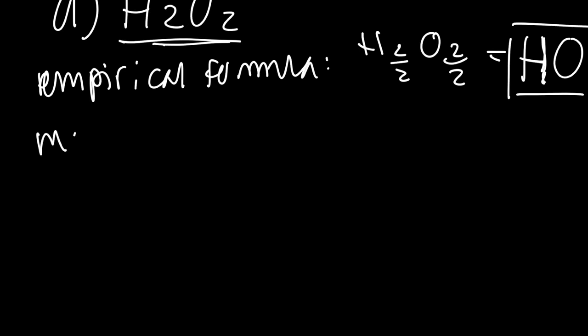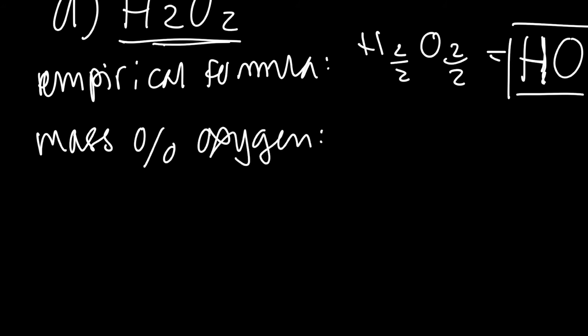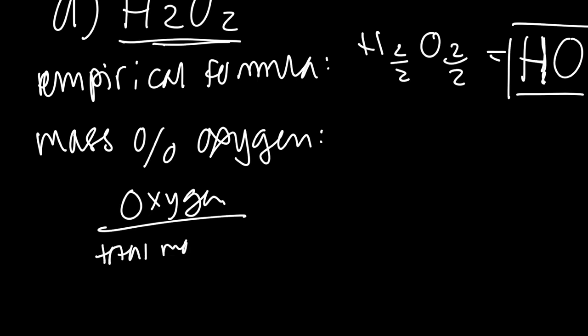So for the mass percent of oxygen, now what we need to do is look at what mass of the molecule consists of oxygen. So here we go: mass of oxygen over total mass times 100.